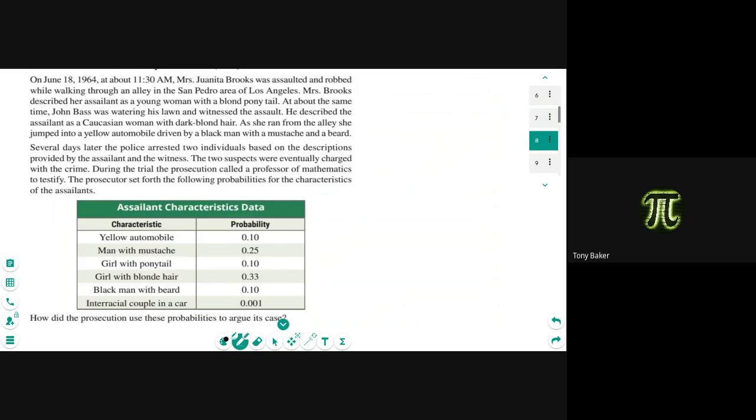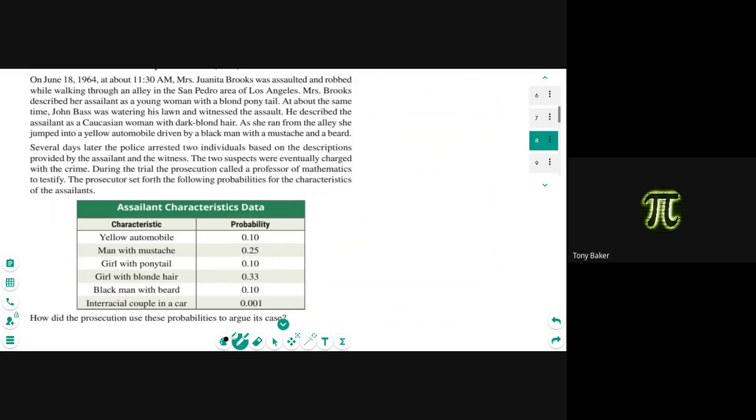So the color of the automobile doesn't have any impact on the man with the mustache, right? Yes. The prosecutor argued that these are all independent values. Well, I would say some of them are dependent values, but some of them are independent values.